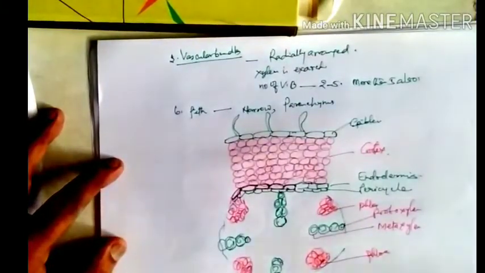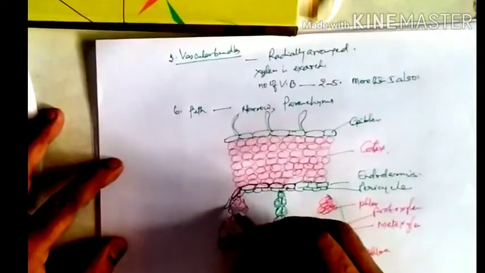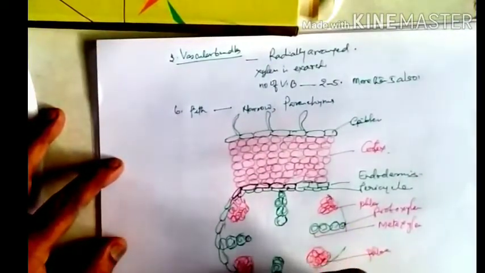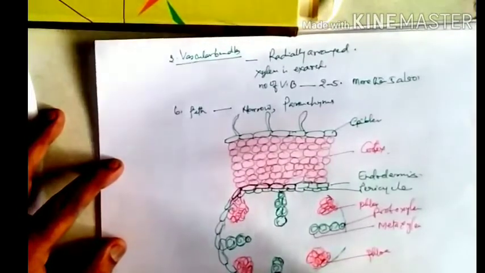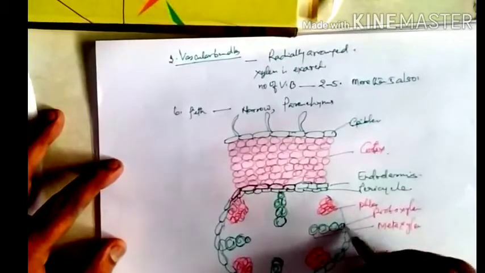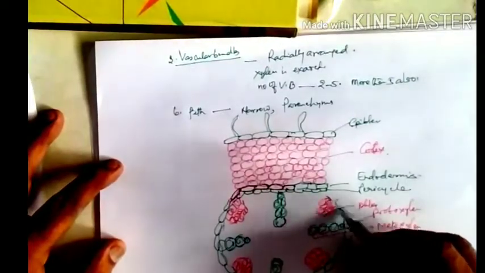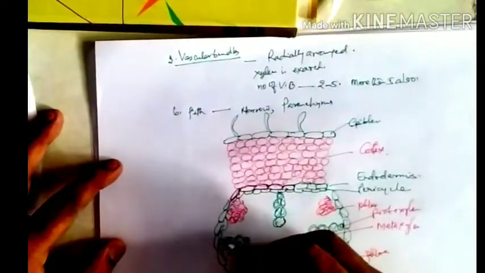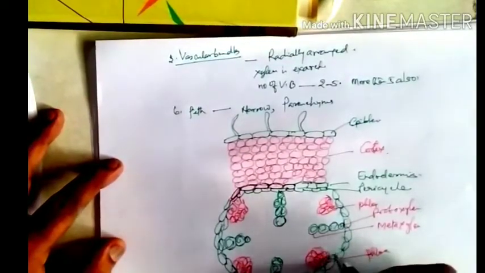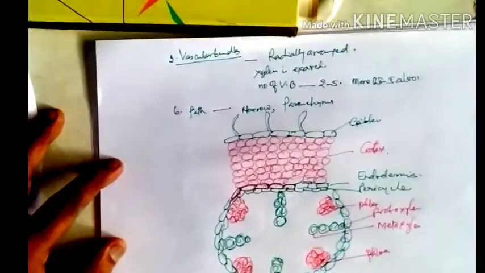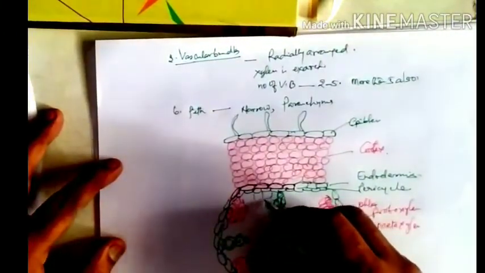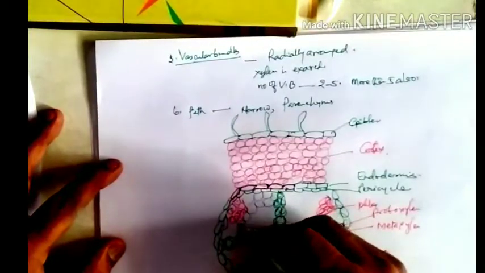These are the cells, the portion of endodermis and pericycle, and in between them there are many cells.